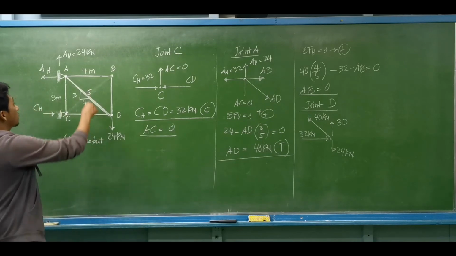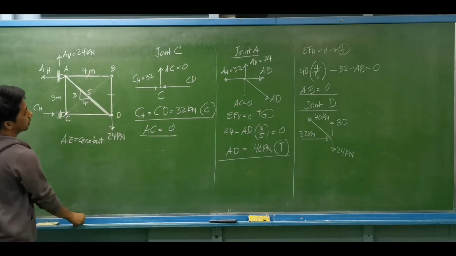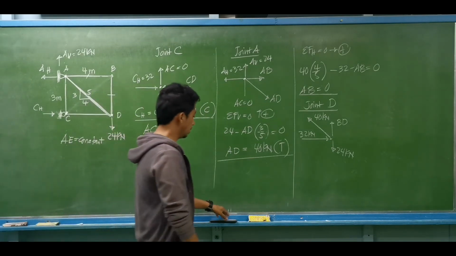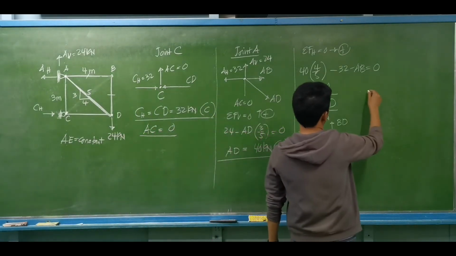Since member AB is a zero force member, it is expected that BD will also be a zero force member. So let us just check.